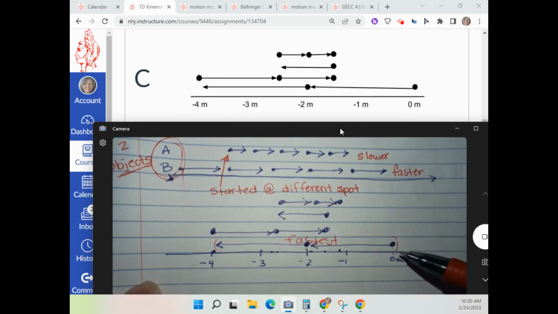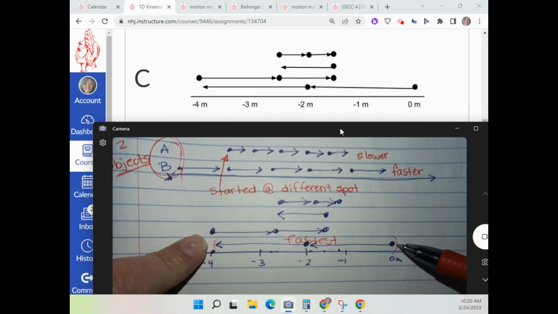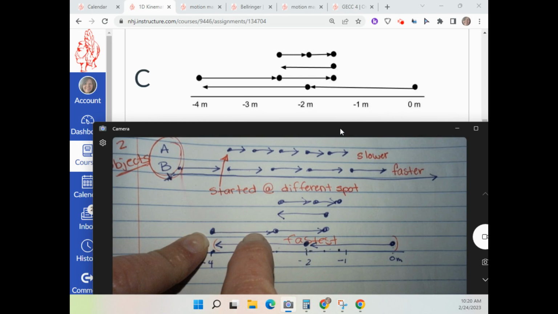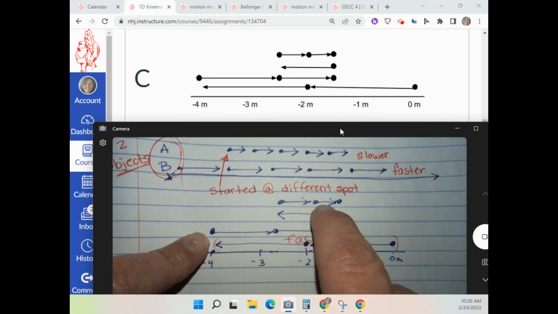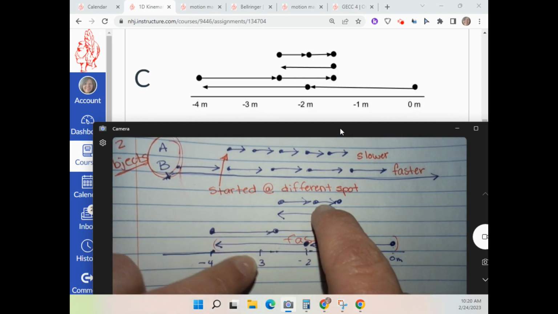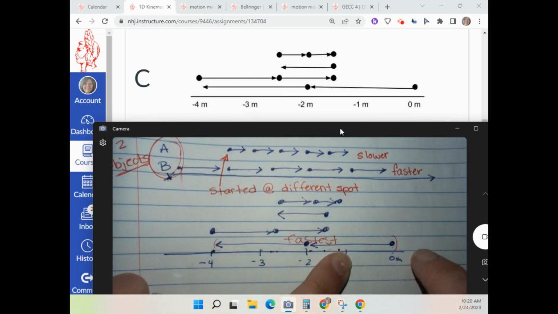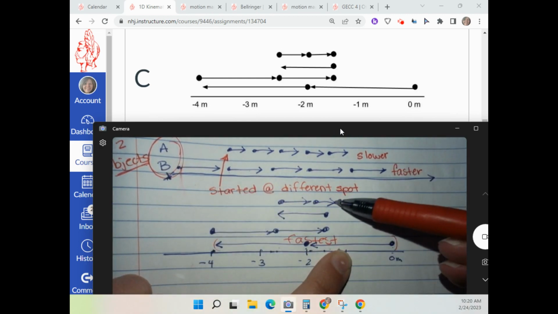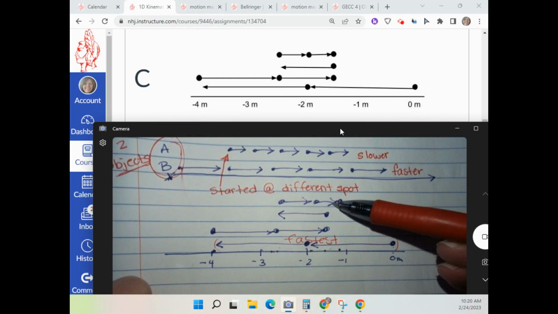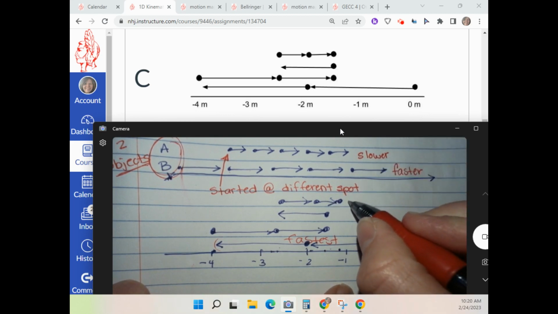Did this object maintain that speed? No, because this arrow is much longer than that arrow. Is this arrow longer or shorter than when they began? This one is shorter. So they slowed down.